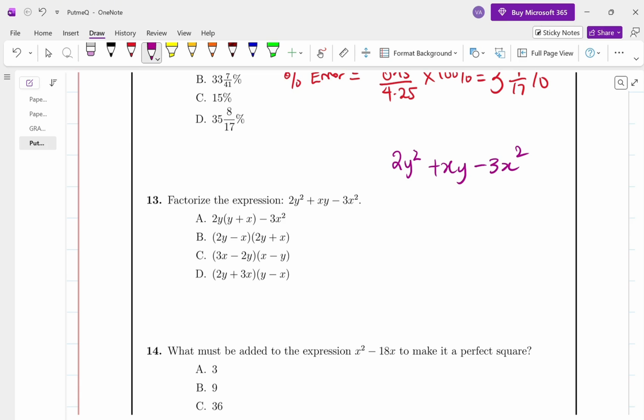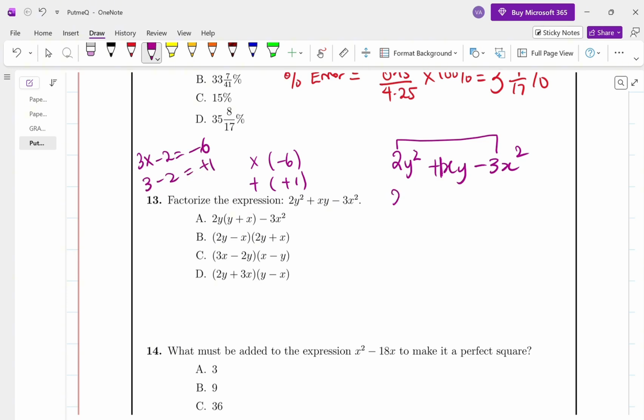So 2 times minus 3 is minus 6. So I'm looking for numbers that multiply to give me minus 6, and add to give me plus 1, because that plus 1 is what's here. So the numbers are going to become 3 and minus 2, because 3 times minus 2 is minus 6 and 3 minus 2 is plus 1.